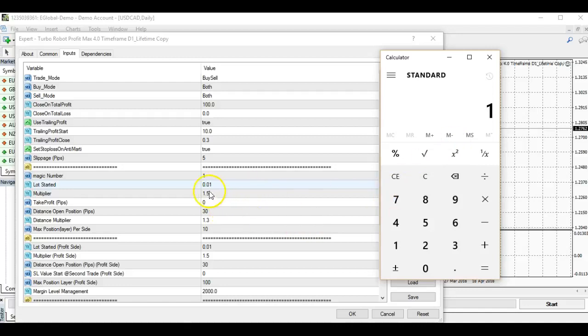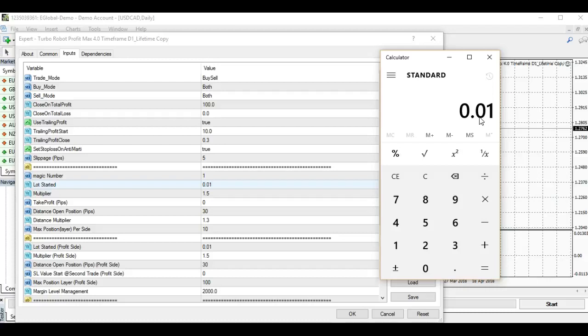So you want $10. Your lot started, let's say, at 0.01, and you have to know first how much the tick value of your broker is. Some brokers give every tick or every pip equivalent to 0.01 as well.